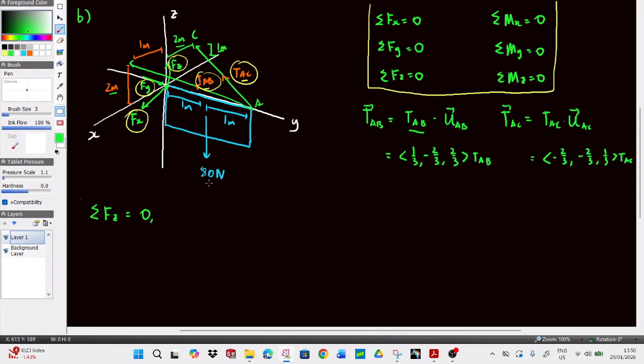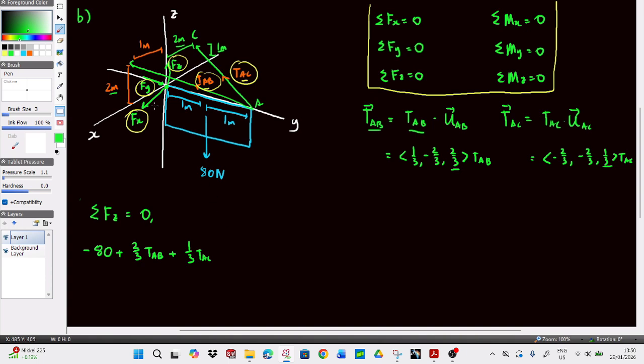So what do we have here? We have negative 80, because it's going down in the z direction. And then for TAB, we have a z component which is just 2/3, so plus 2/3 TAB. For TAC, we have 1/3, so plus 1/3 TAC.